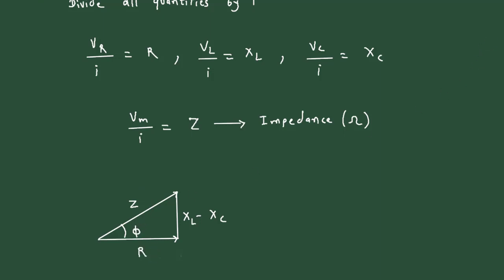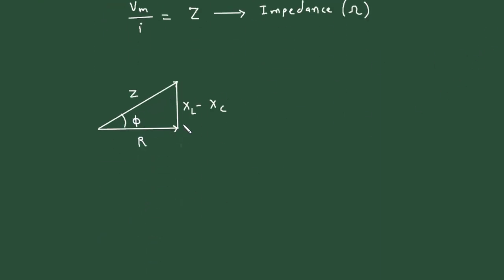Now all of these are impedance, resistance, inductive reactance and capacitive reactance. That means they are in opposition to current form, so it is called the impedance triangle.